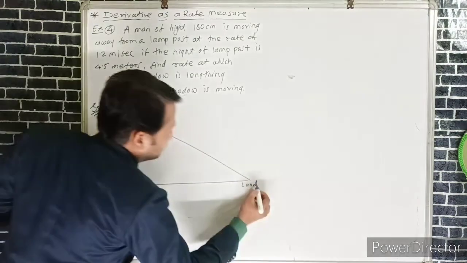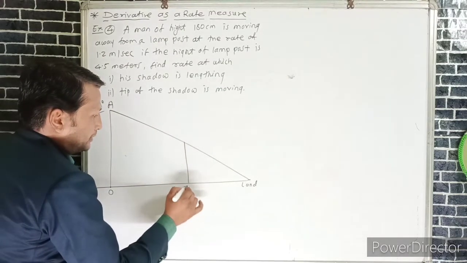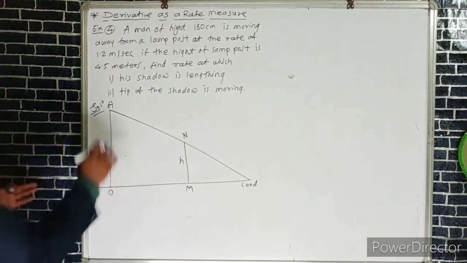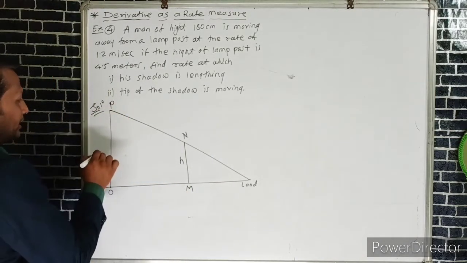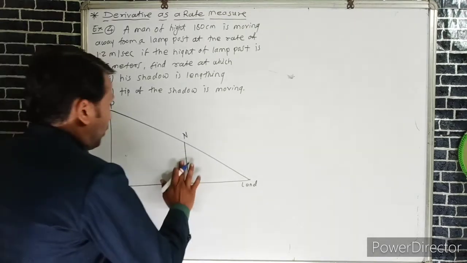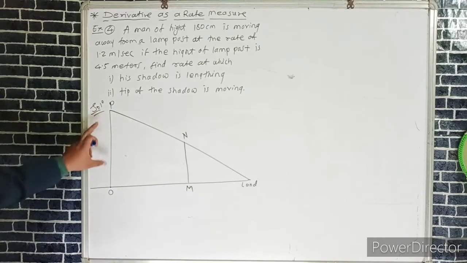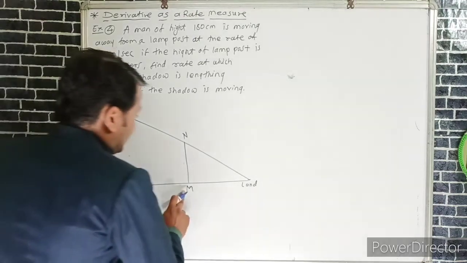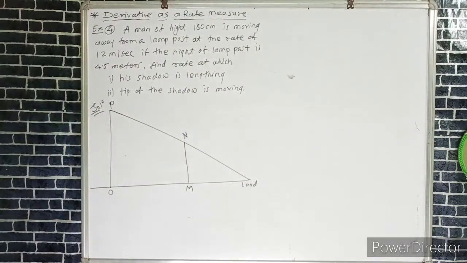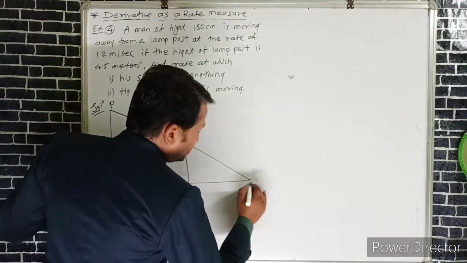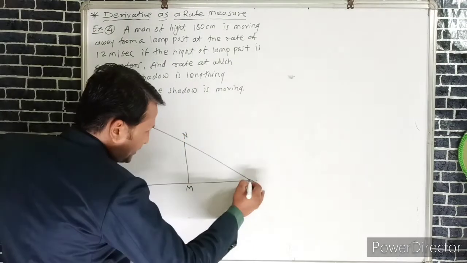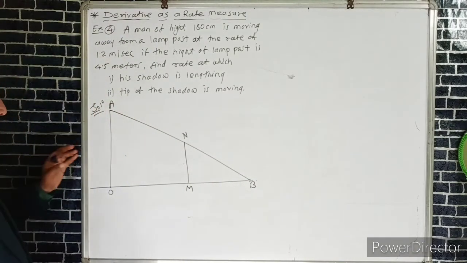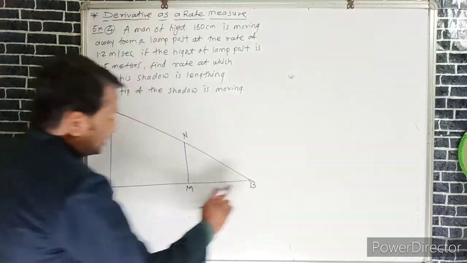Here OP, or OA, is the height of the lamp post, and MN is the height of the man. OB is the shadow of the lamp post, and MB is the shadow of the man.